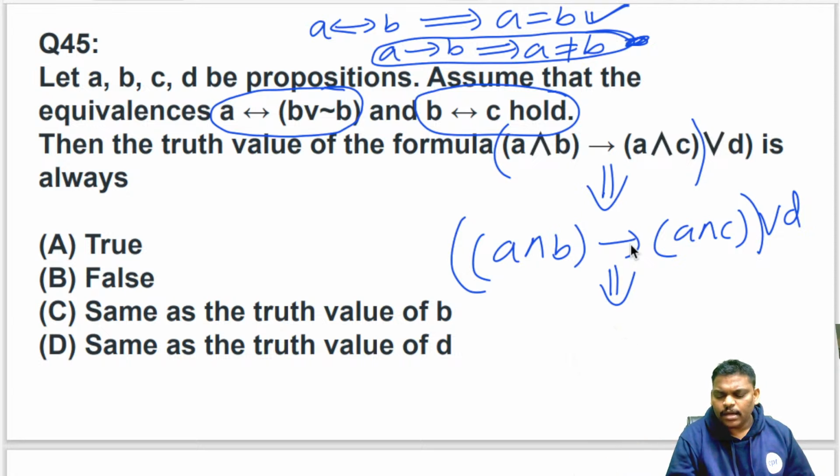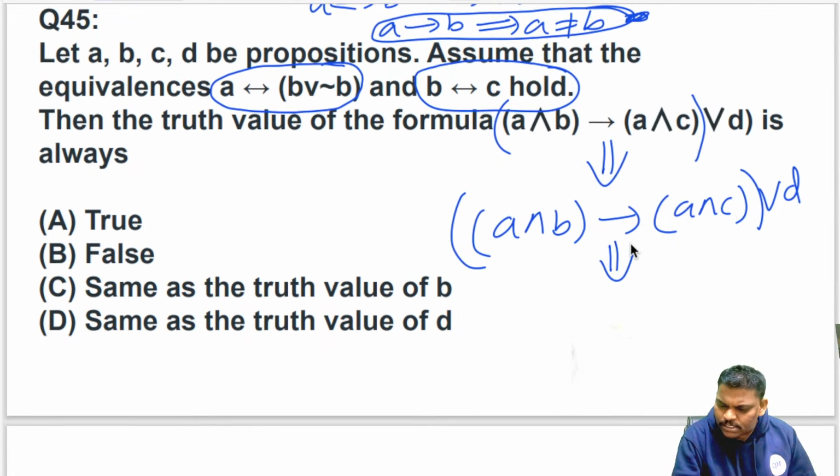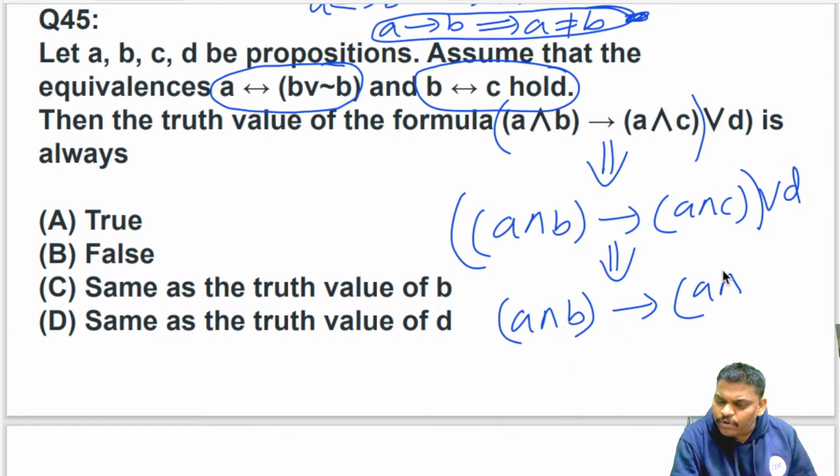I don't have any problem. So this is nothing but A and B implies A and, everyone knows B and C both are same. A and B are D.